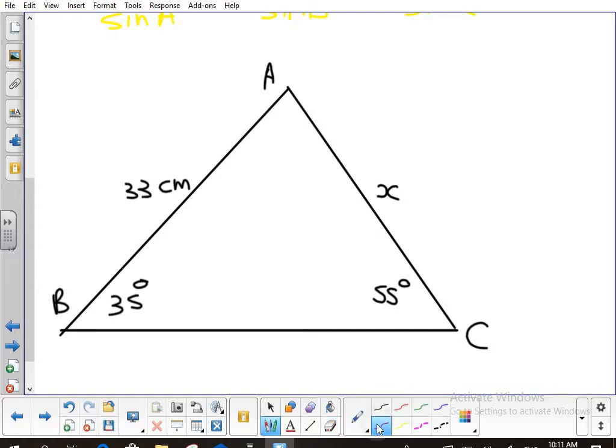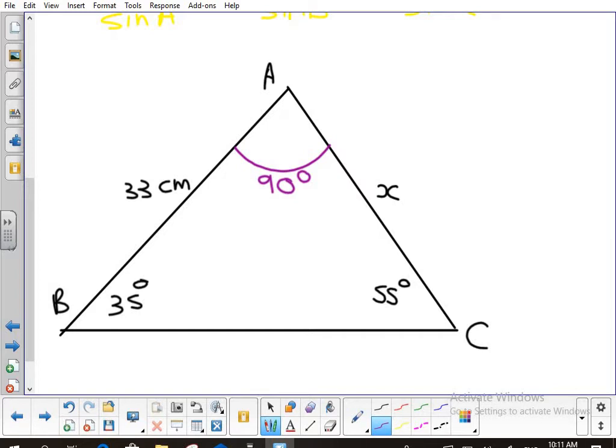If I work it out quickly, in terms of the interior angles of a triangle, if I add 55 and 35, I get 90, which means this angle at the top here is 90 degrees. So in this triangle you will be able to use your normal sine ratios, soh cah toa, or you can rather use the sine rule that I showed you. I can tell you now, the sine rule is pretty easy, it works pretty cool, and it's pretty easy to apply. So let's have a look here.